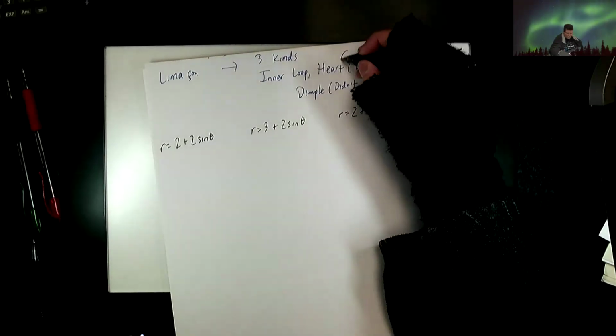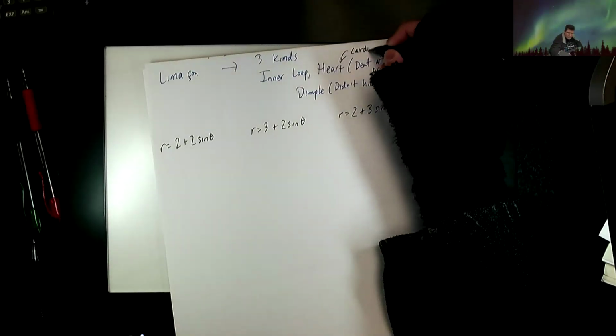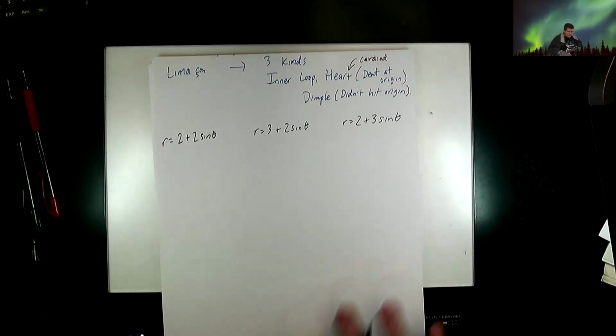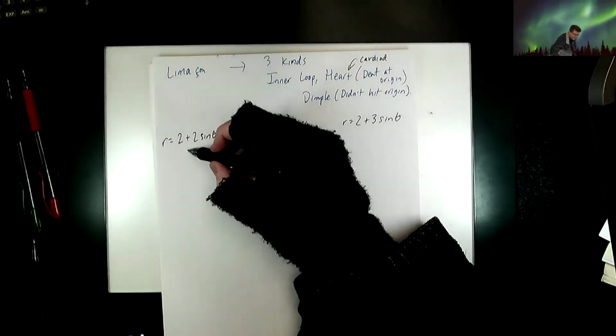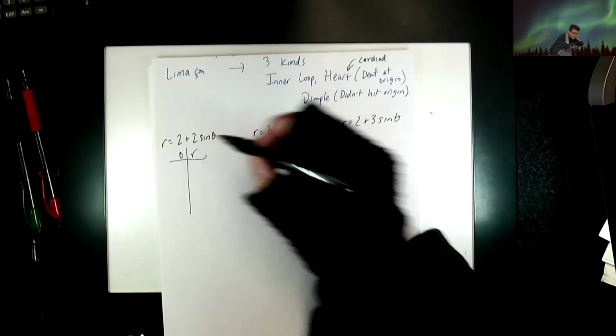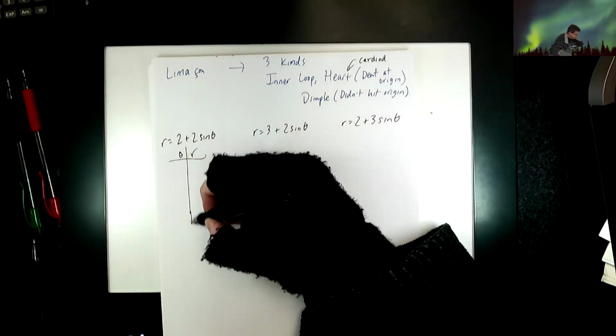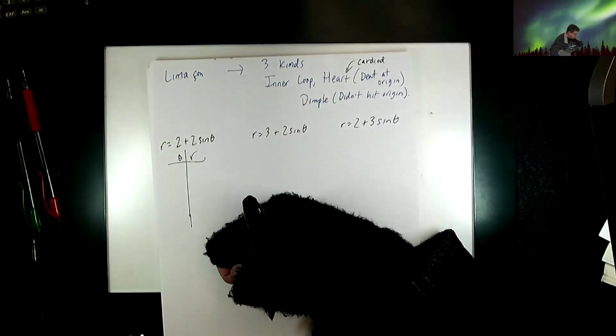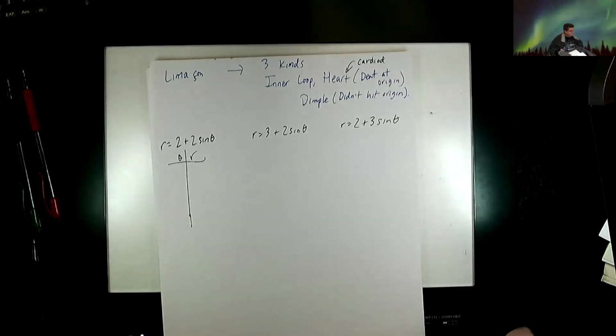And the heart is called a cardioid. So let's make a little theta R table. Why don't we just stick with increments of pi over 2, to make this quick.